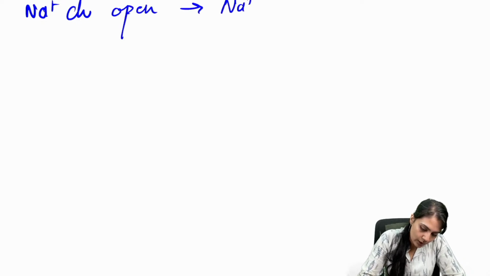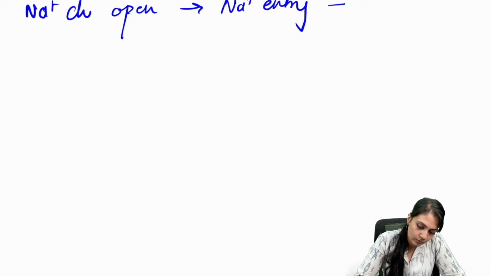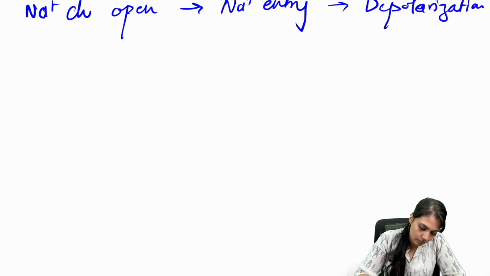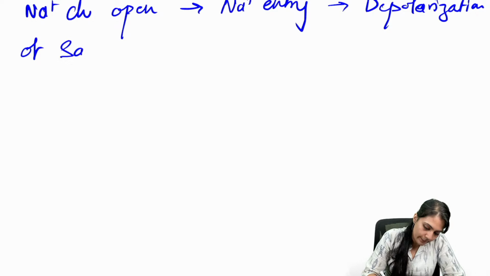That sodium channel is going to be carried forward. What is going to happen due to that? As soon as the sodium channels get open, that will cause sodium entry, leading to depolarization of the sarcolemma.